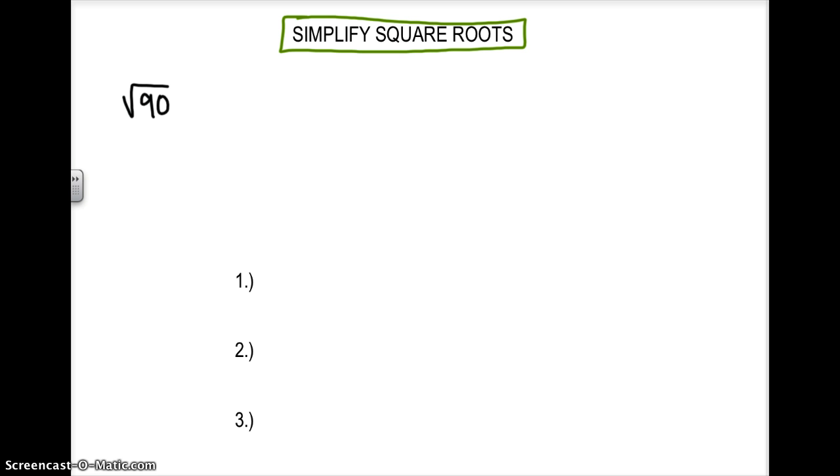We have to first of all split it into 2 parts. The first thing we're going to do is split it into 2 smaller square roots. We split it into a perfect square factor, and then what that number is multiplied by. So we have a perfect square going in the first box. In the case of 90, a perfect square that goes into 90 is 9.